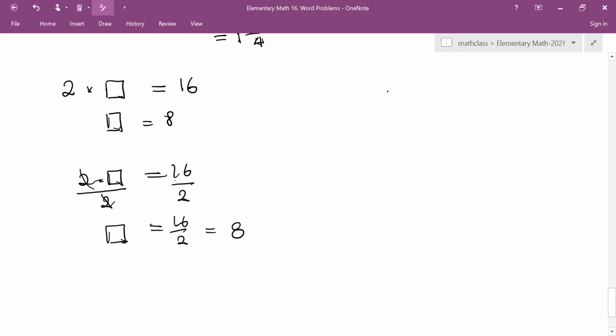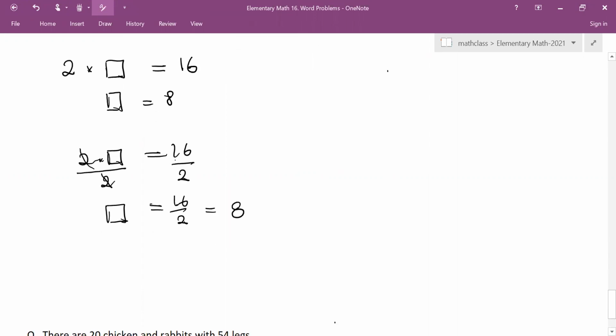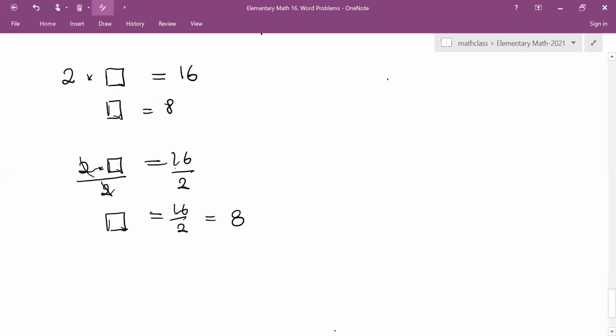But sometimes you don't get an integer. You can express a solution in fraction form. For example, 3 times some number is going to be 17. There's no integer; you cannot just guess and find an integer so that 3 times that integer is 17.